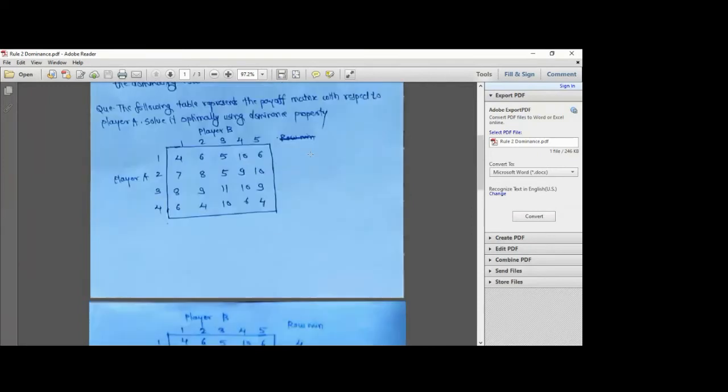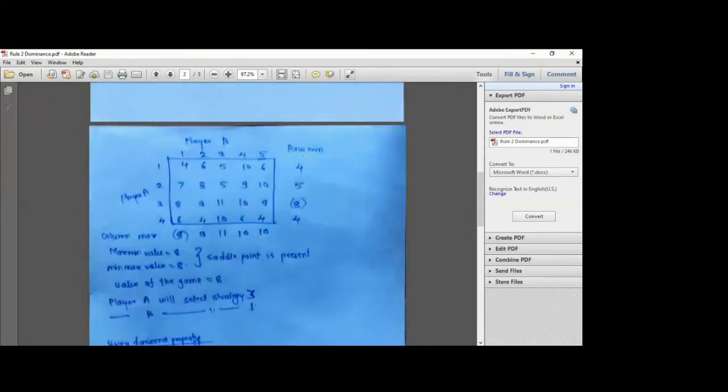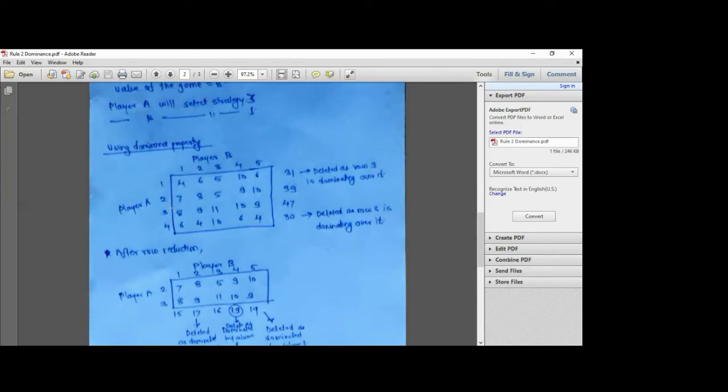What does it mean that every value in the non-dominating row must be greater? This is your non-dominating row and this is your dominating row, because if you are thinking of rows, it is always related with the minimum value only. So if we compare these two rows, all the values in this row are less than this other row.